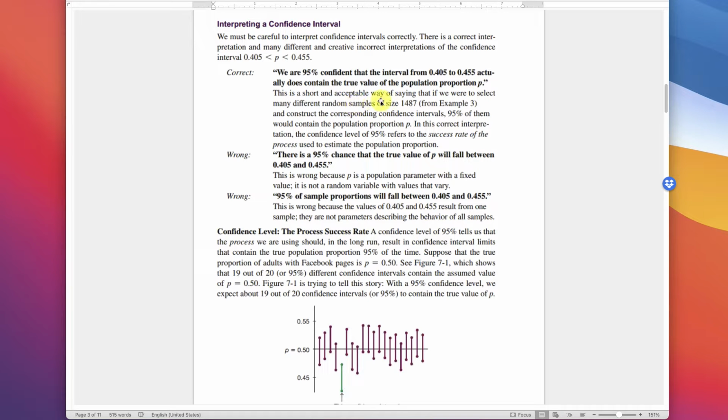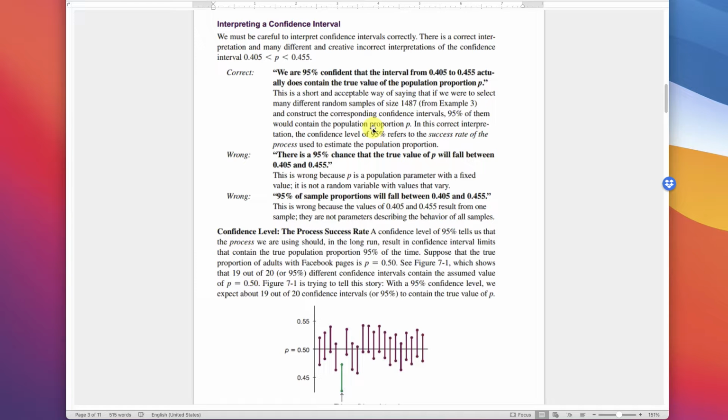A short, acceptable way of saying it is that if we were able to select many different random samples of size 1,487 and construct corresponding confidence intervals, 95% of those would contain the true population proportion p.